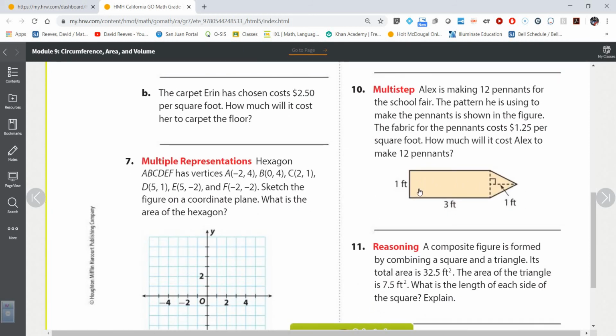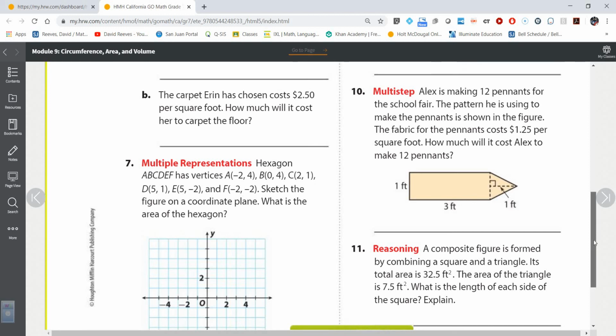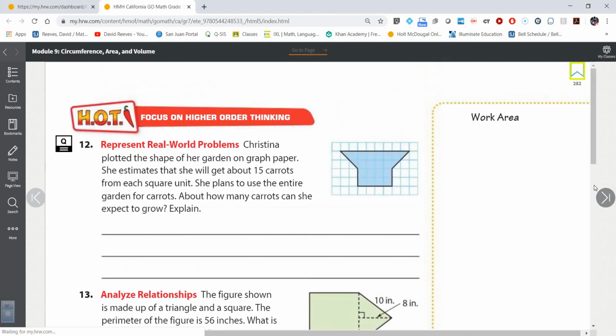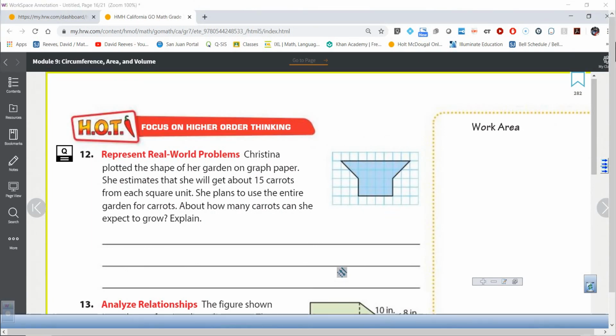All right, this one right here, we would find the area of this rectangle and add it to the area of this triangle. Do we have any more we could look at? Ooh, this one right here. Wow, so this one right here, we'd have to draw some lines in, and we could do it differently.